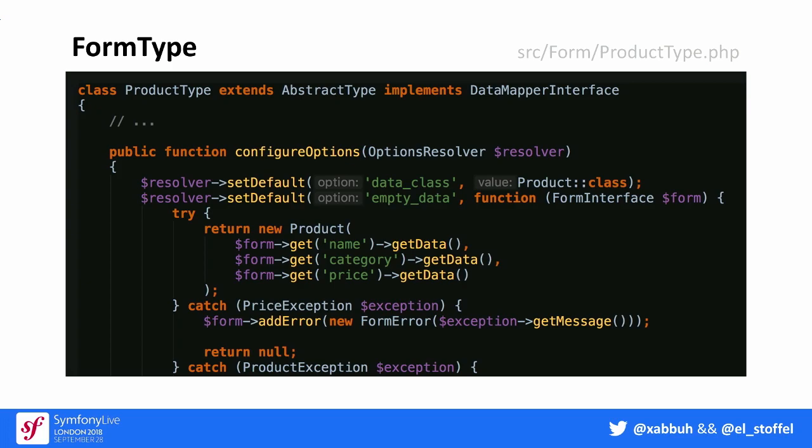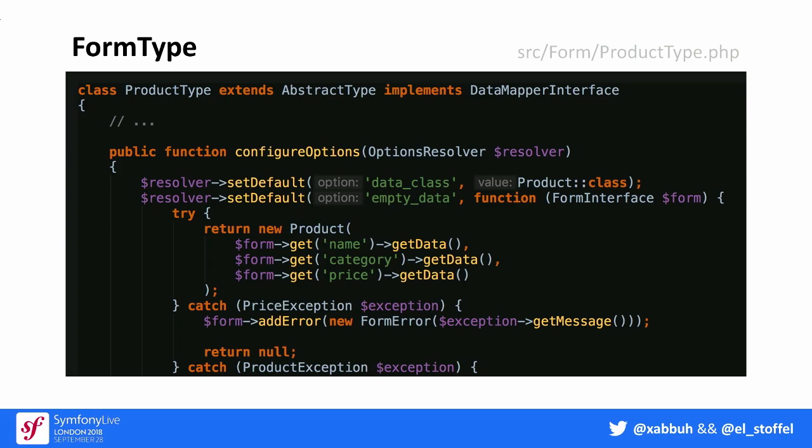And this part here is a bit funny, because when we are dealing with a form which is meant to create a new object, for example a new product, we have to initialize this. Basically what the form component does when we are not doing anything special is call our constructor without any argument.